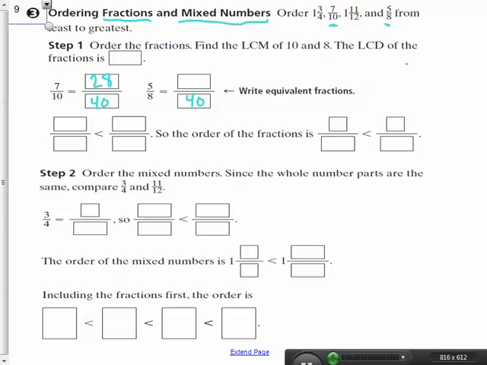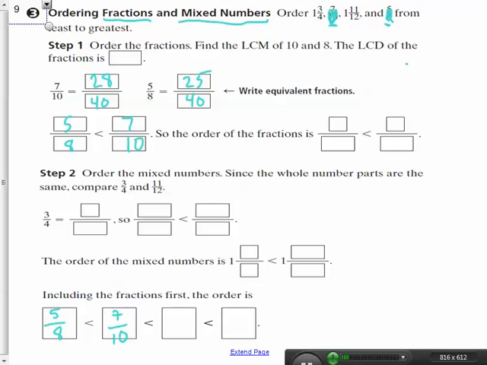Our least common denominator is going to be 40. Okay, so again, I know that 5/8 is less than 7/10. So it's going to go 5/8, 7/10.